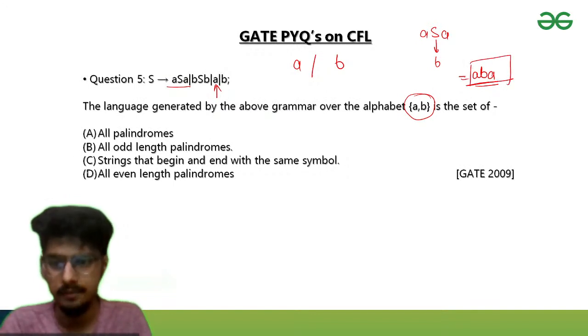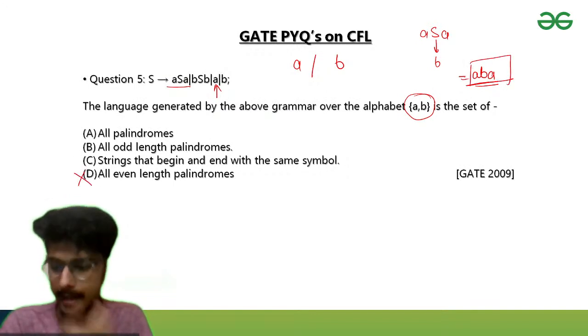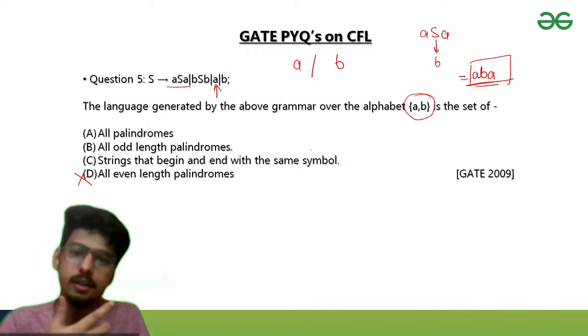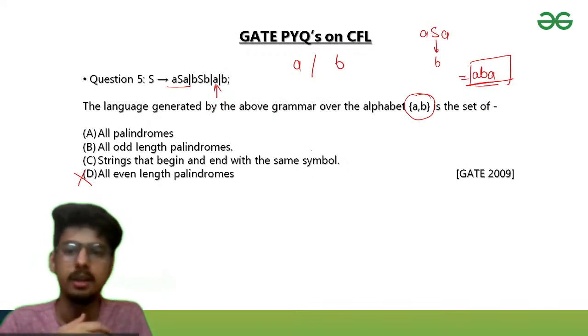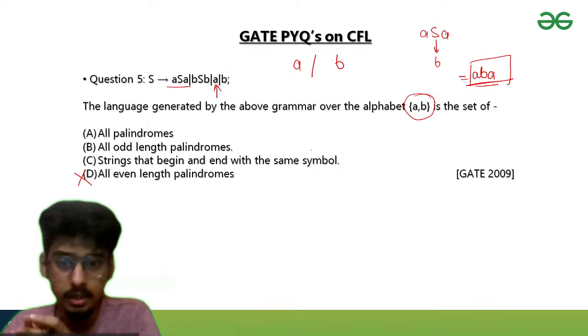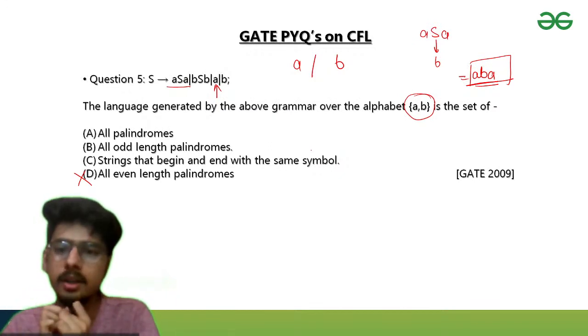So this option will definitely be wrong, right? D says all even length palindromes, so it will definitely be wrong. Now C says strings that begin and end with the same symbol. Can I generate a string which starts and ends with different symbols? I don't think so.